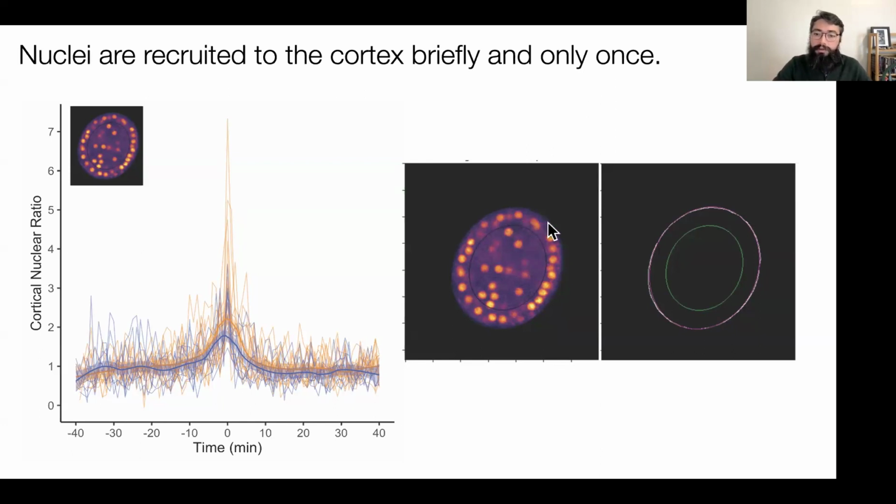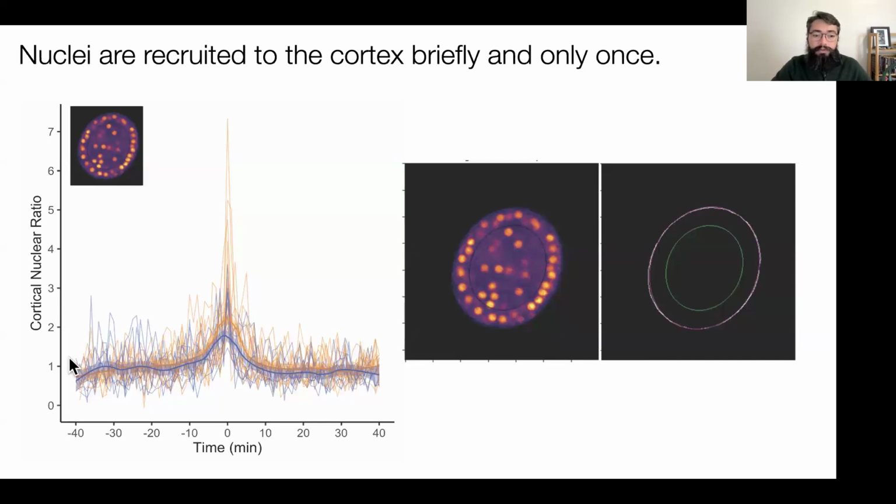What we can measure is the number of nuclei in the outside versus the inside, and that ratio can tell us the bias in the distribution of the nuclei. If the ratio is more than 1, there's a bias towards the outside of the sporangium. If it is 1, it suggests a homogeneous distribution of nuclei outside and inside.